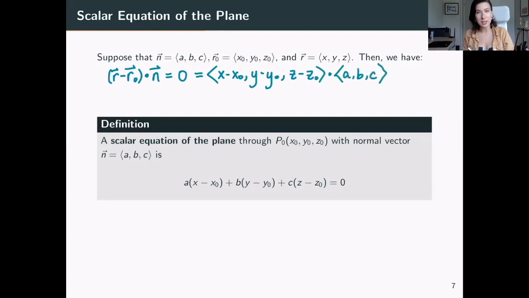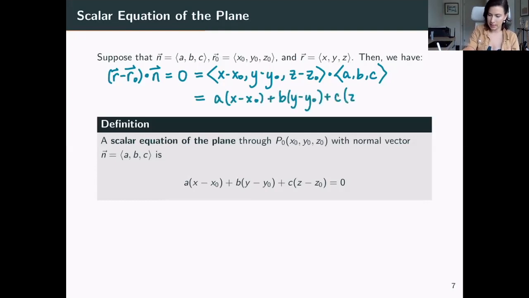Using the definition of the dot product, this expands into a times (x minus x0) plus b times (y minus y0) plus c times (z minus z0). So we have a different equation, that being the scalar equation of the plane through a point with the normal vector n, and it is given by the following equation.